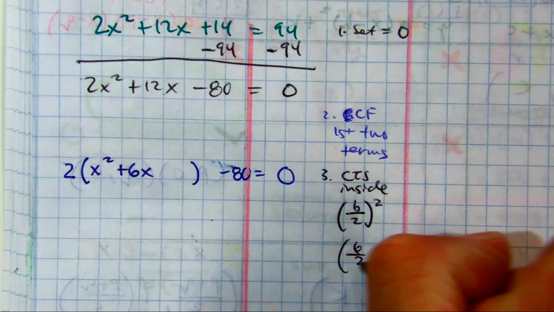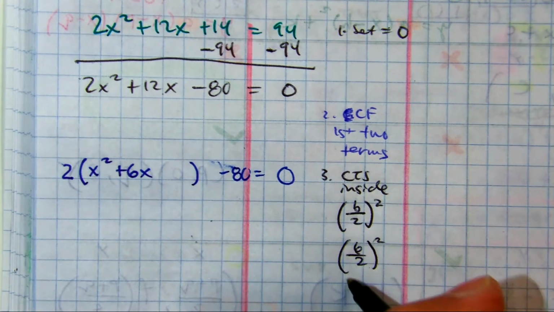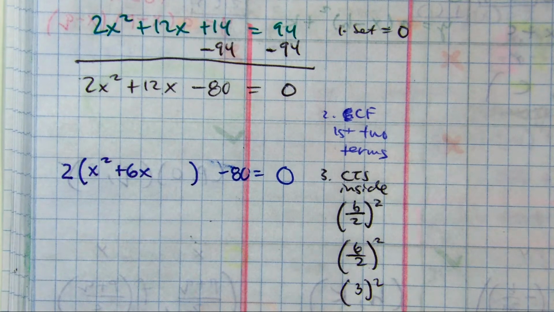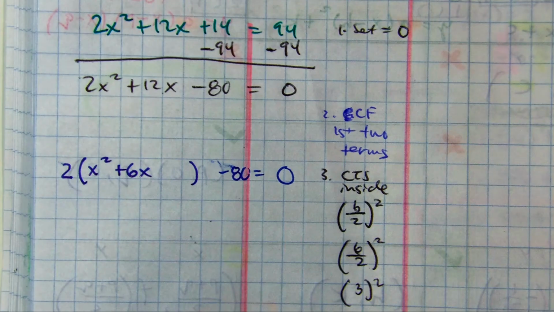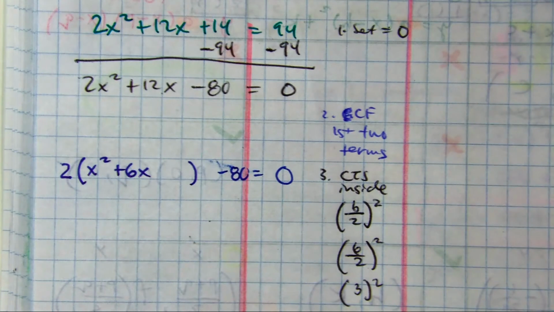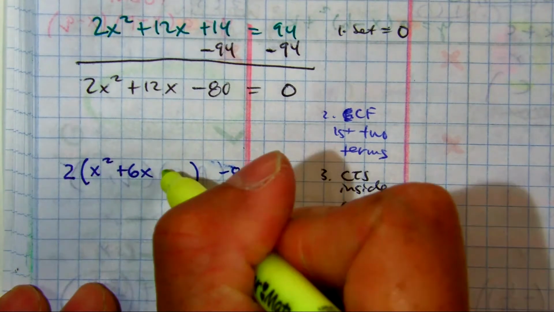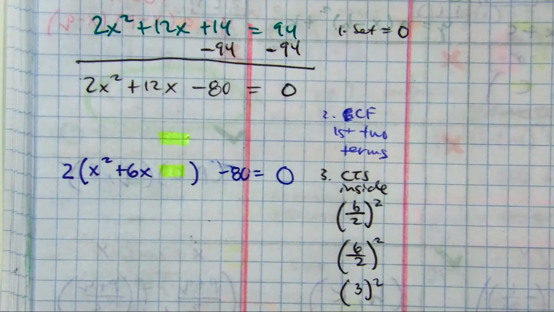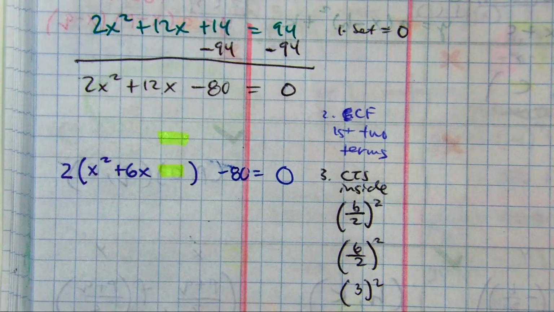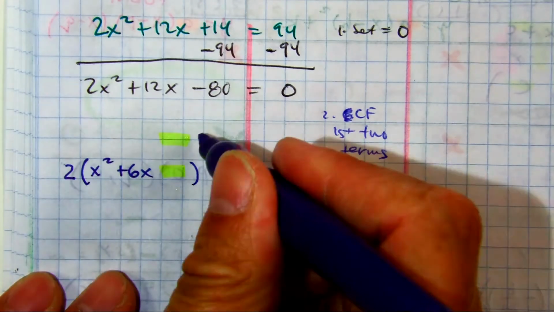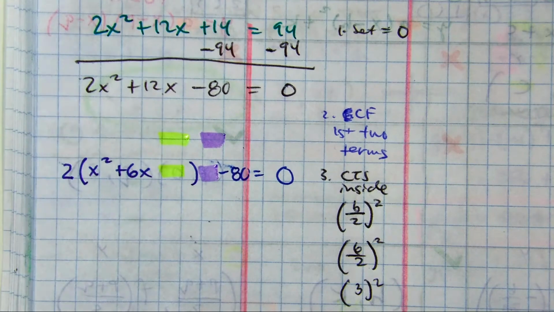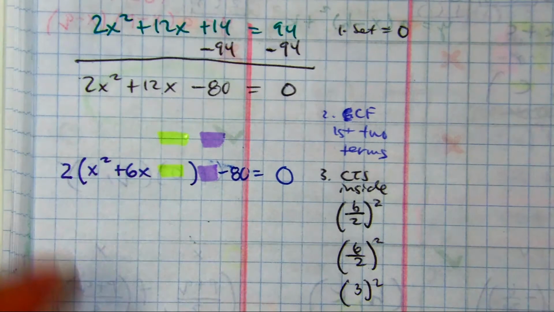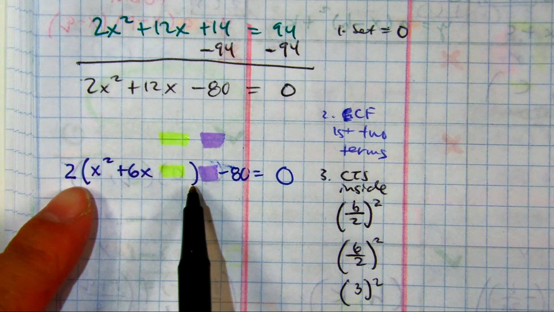Half of 6 is 3, and 3 squared is 9. Okay, you have 2 color highlighters, super helpful. To complete the square on the inside of the parentheses, I would have to add 9.